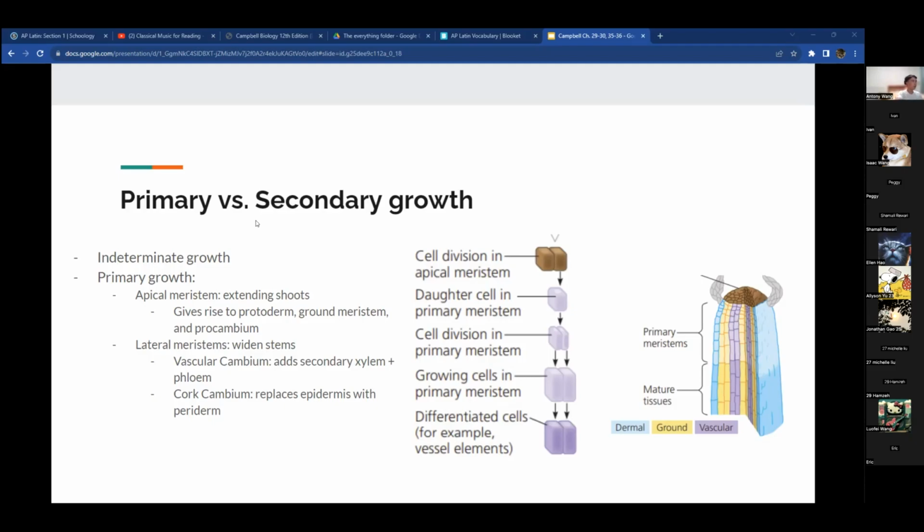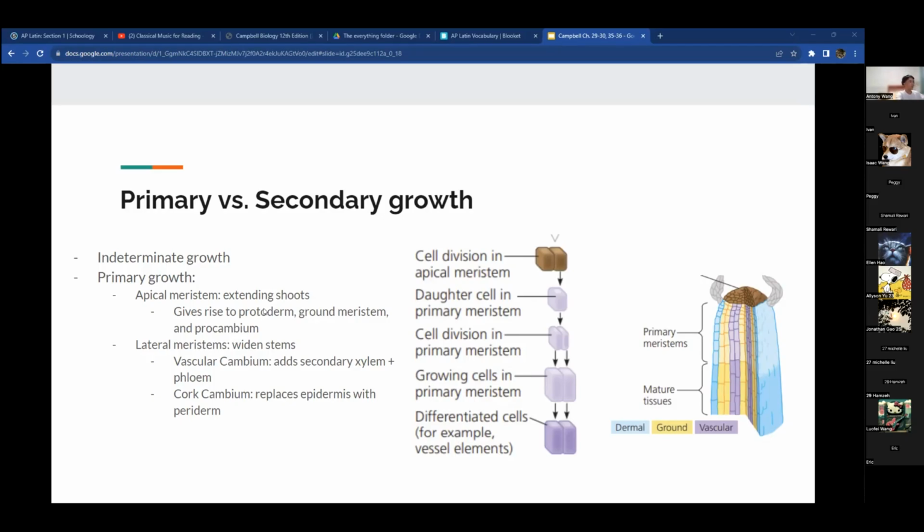So anyways, primary growth: the apical meristem, these are the brown cells on the right. These cells carry out primary growth. They extend the shoot itself. This gives rise to protoderm, ground meristem, and procambium.